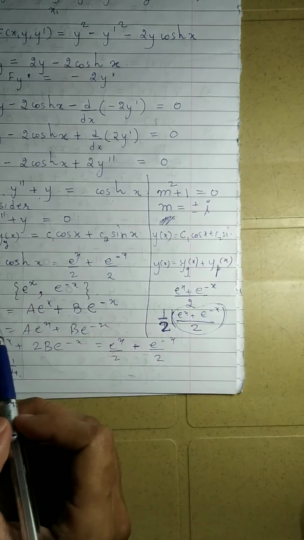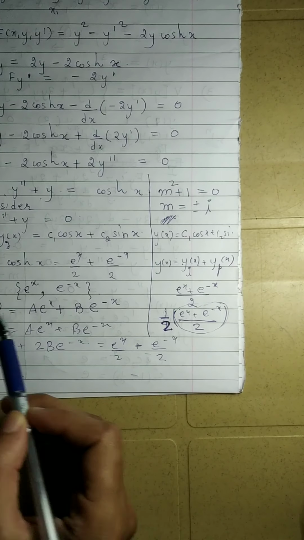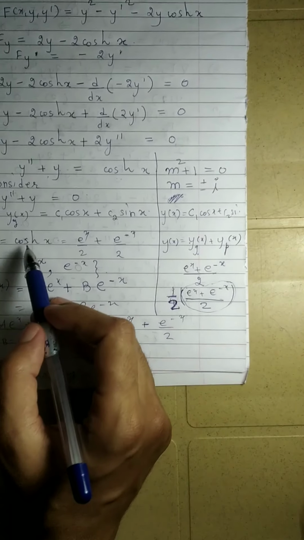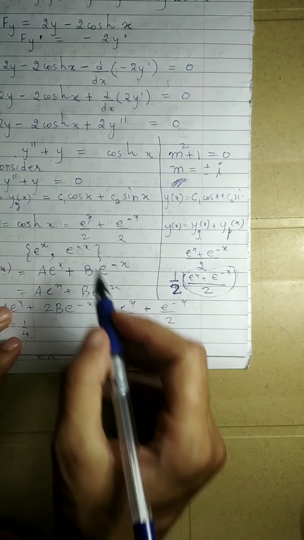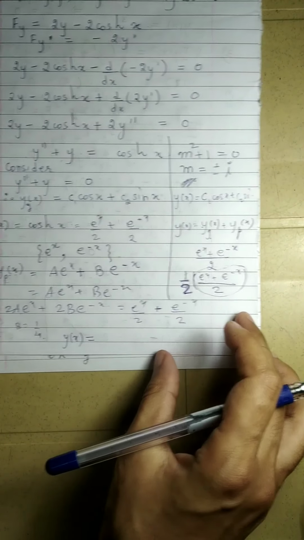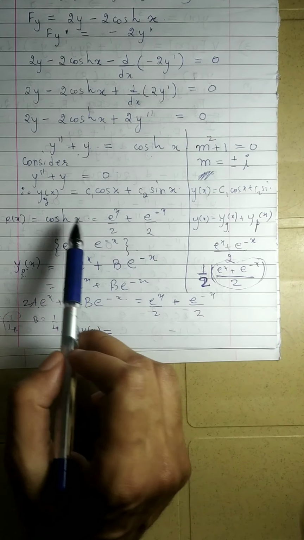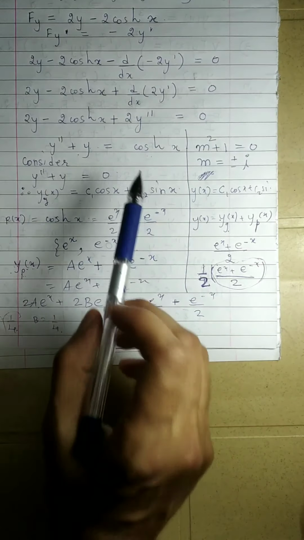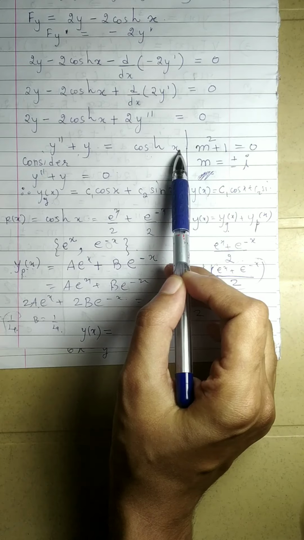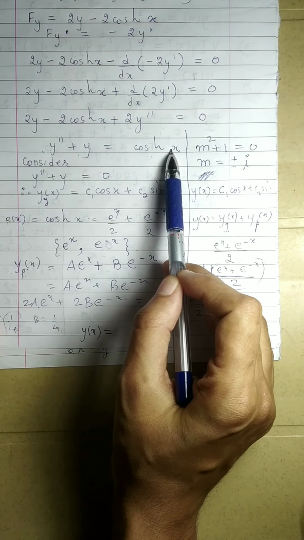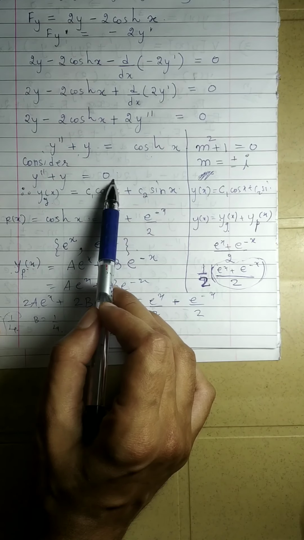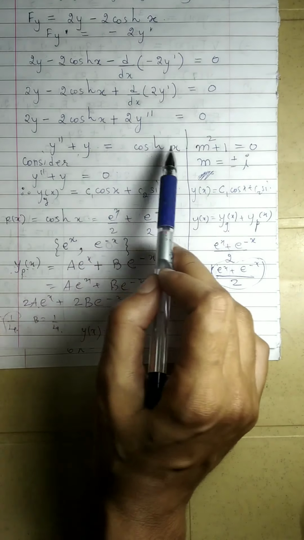So yp of x is half cos hyperbolic x, and therefore the extremals will be y of x equal to the solution of this differential equation, and the solution is given by the general solution of this and the particular solution of this.